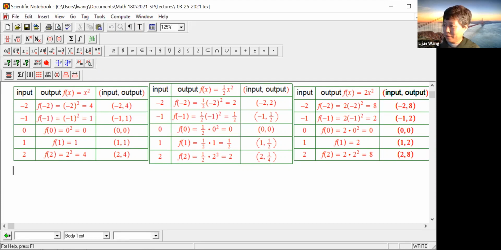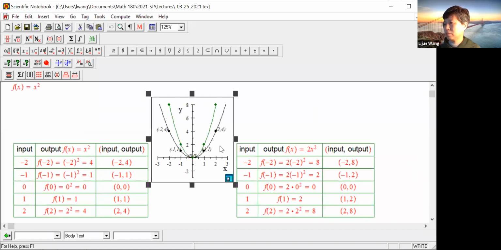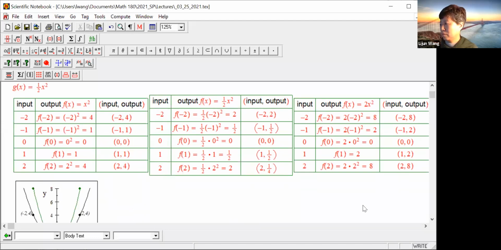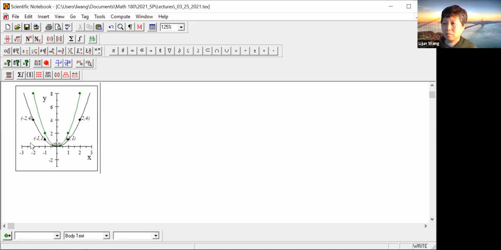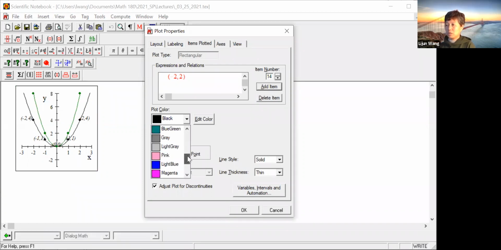So now we plot the points. Okay, I'm going to start to plot the points. You plot yours, I plot mine. I'm going to choose a color. I'm going to choose this color. Dot.